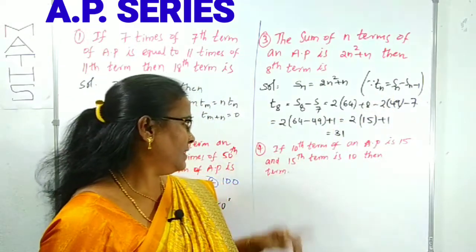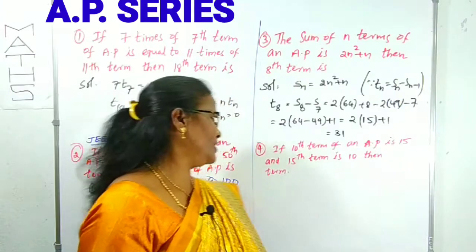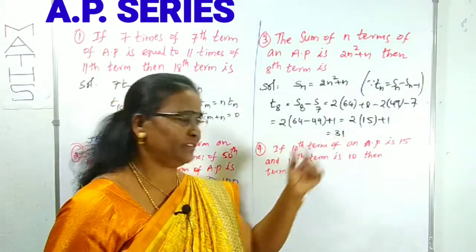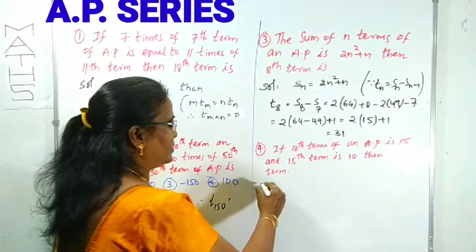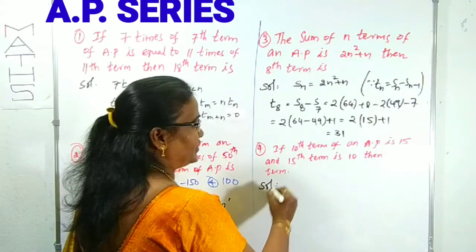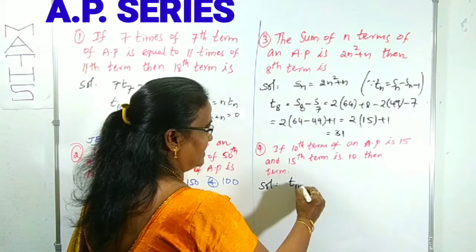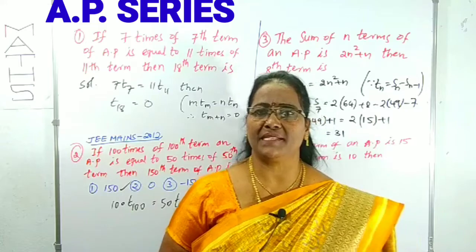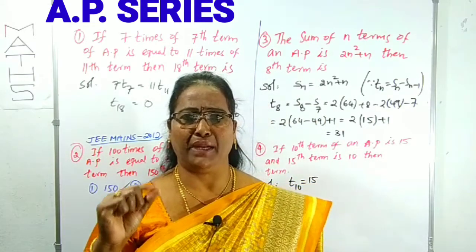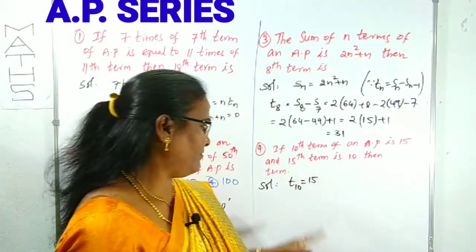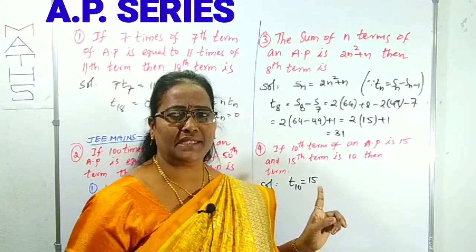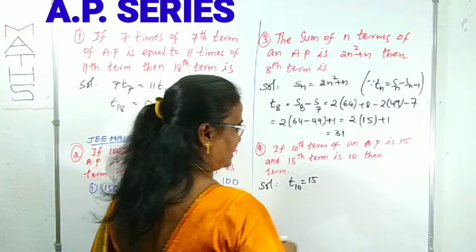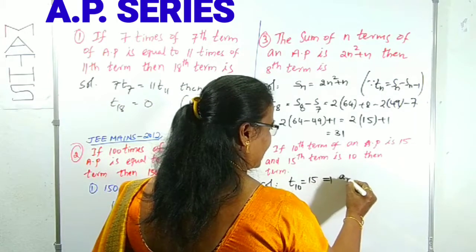Clear? Now come to question number 4. We have to read the question sentence by sentence. If the 10th term of an AP is 15, T10 is given as 15. You know the nth term in an AP series is A plus n minus 1 into D. In place of n, take 10: A plus 9D.